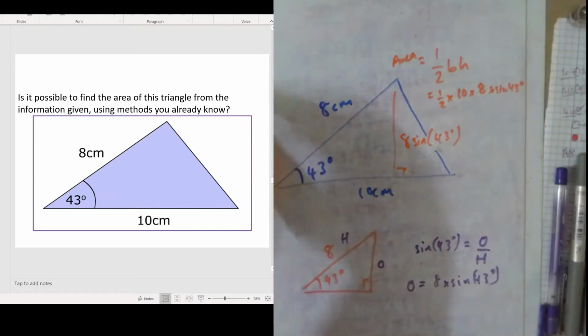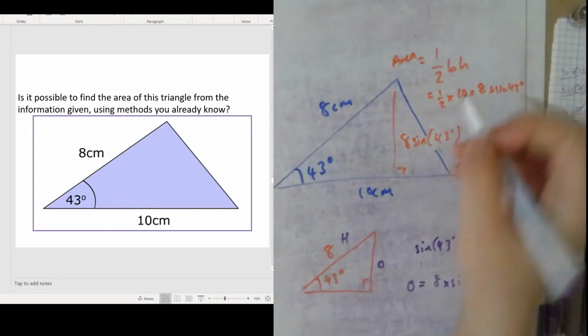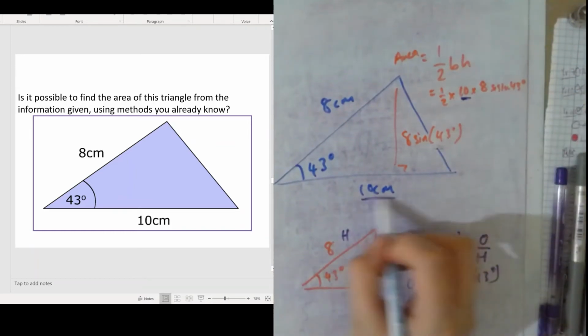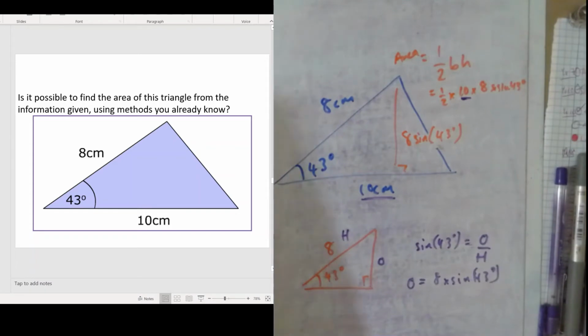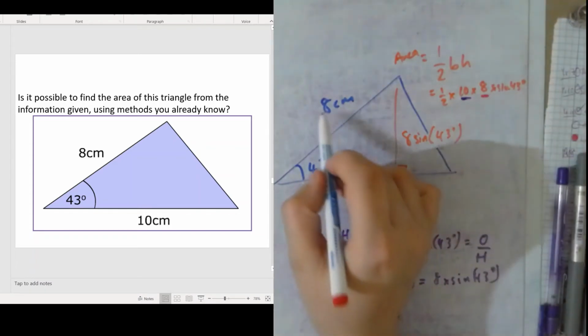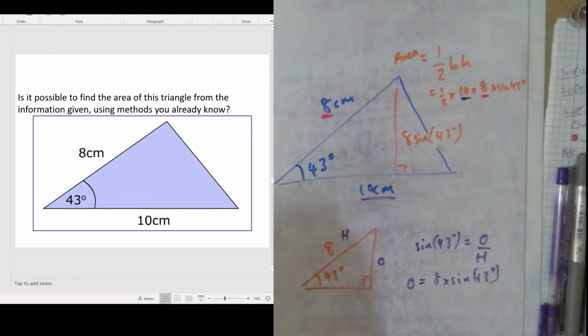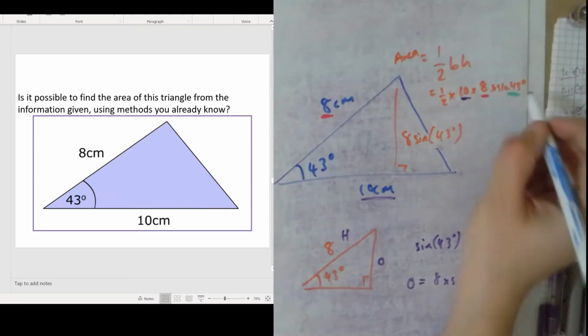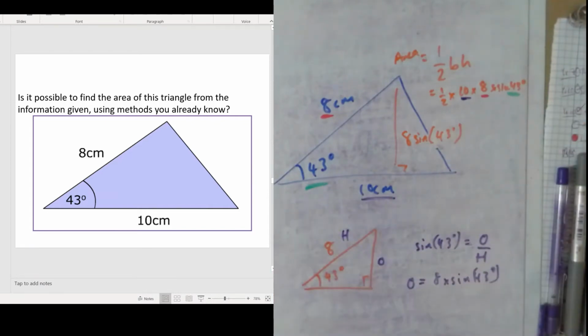From here, you should be able to see this is 10, right? This is 8. And this angle right here is the angle in between.